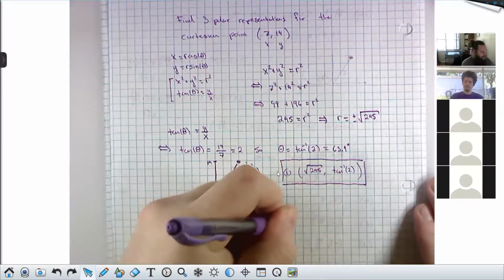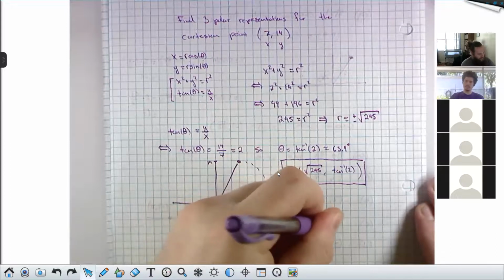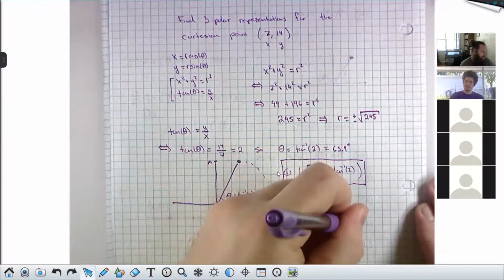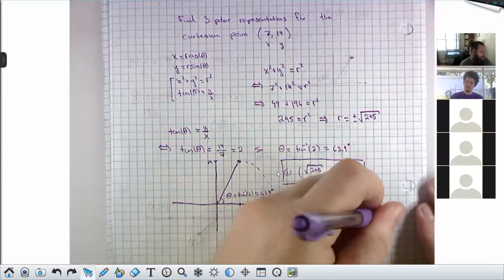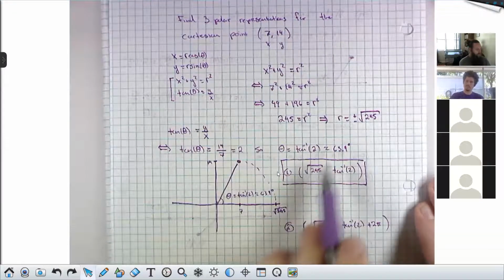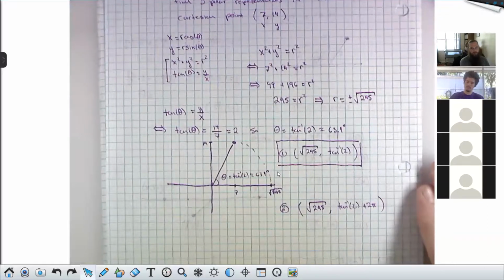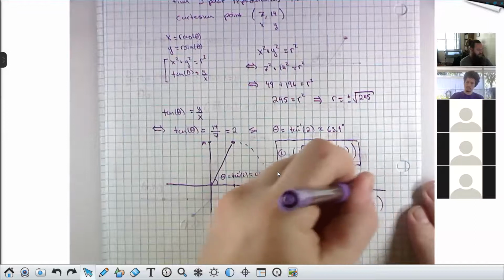So the simplest form of non-uniqueness here comes from the modulo 2 pi stuff. In other words, I'm talking about the point root 245, comma, arctan 2 plus 2 pi. Or if you're using degrees, it would be 63.4 degrees plus 360 degrees. So here is a second representation for that point.